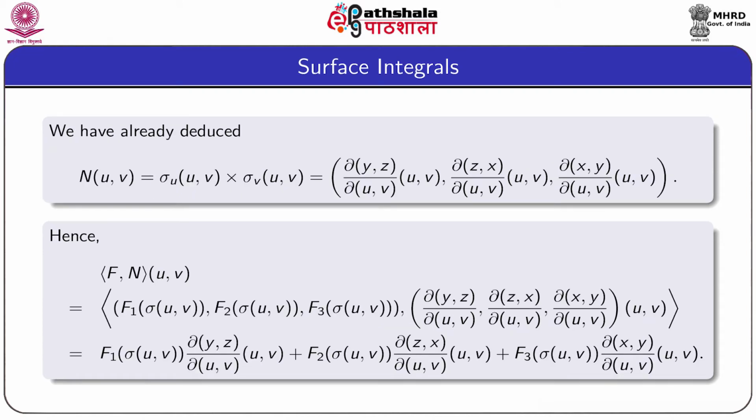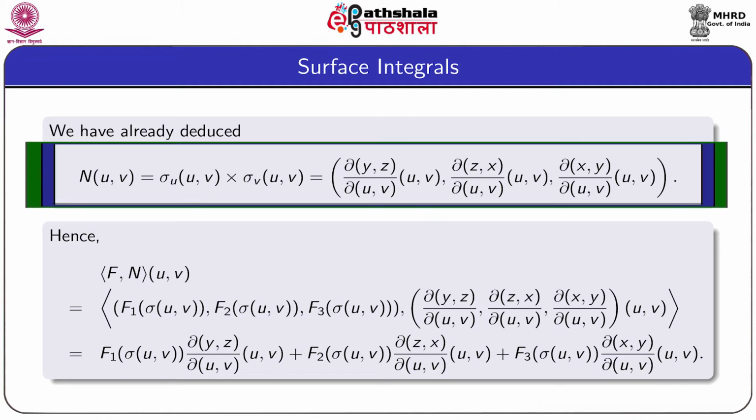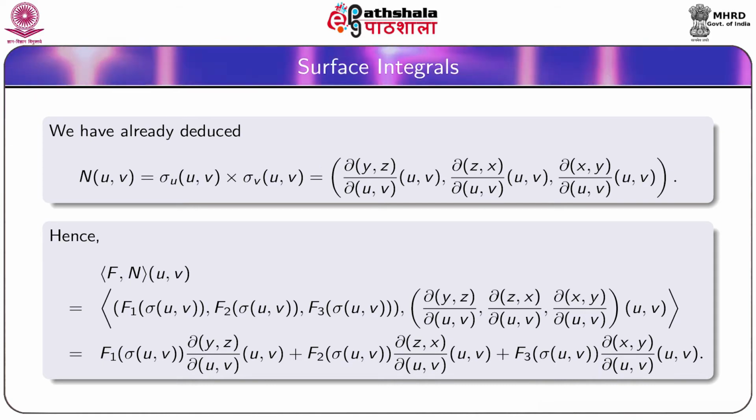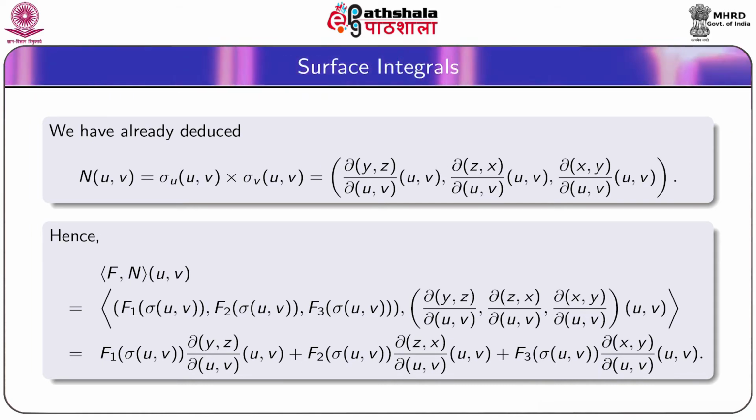We have already deduced that N(u,v) equals sigma_u(u,v) cross sigma_v(u,v), and that equals the triplet Jacobian del(y,z)/del(u,v) at (u,v), Jacobian del(z,x)/del(u,v) at (u,v), Jacobian del(x,y)/del(u,v) at (u,v).